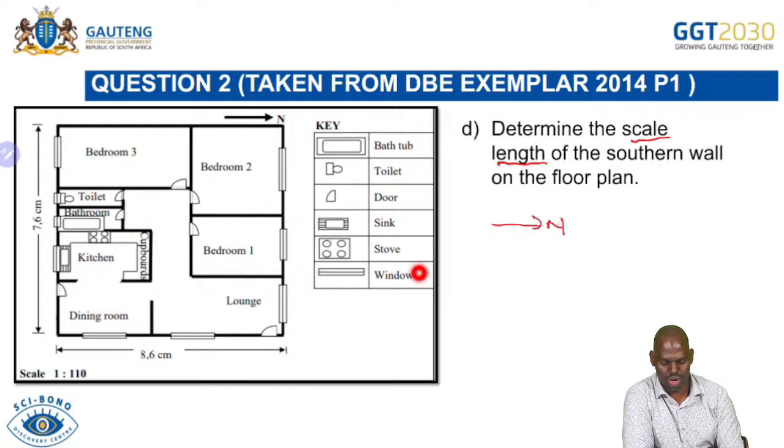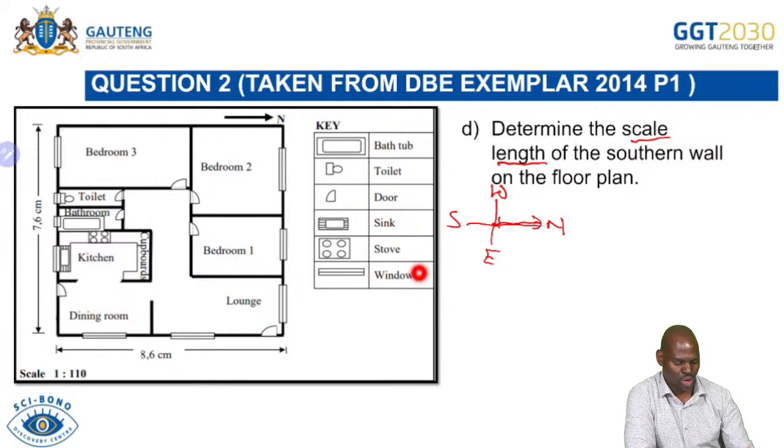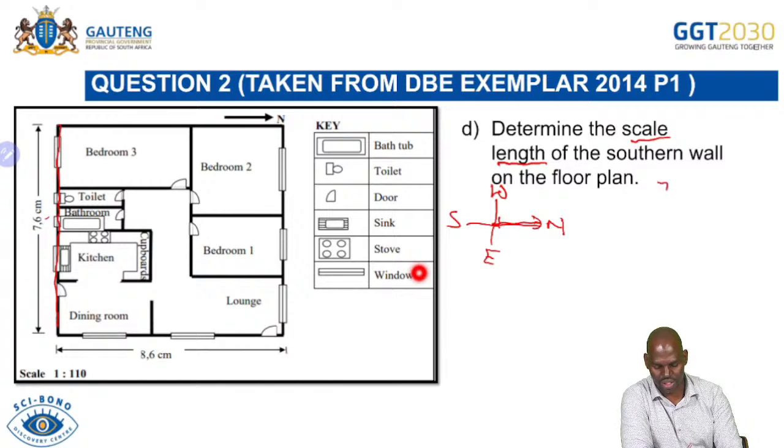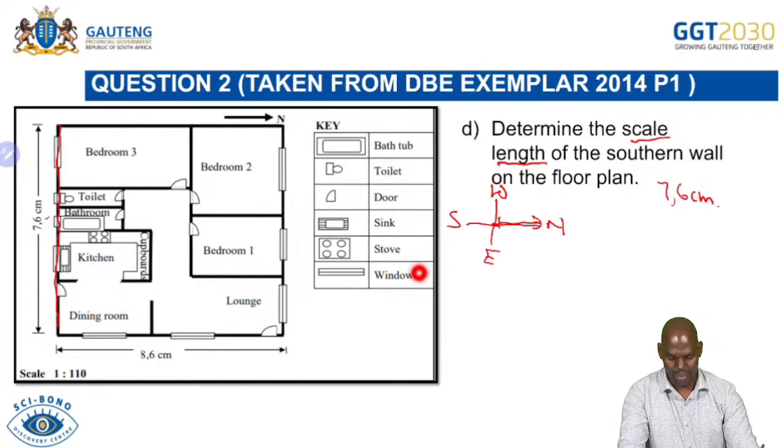We said if this is north, then this will be east, and this will be west, and this will be south. So the southern wall will be this one, which is indicated as 7.6 centimeters. 7.6 centimeters is the answer for question 2D.